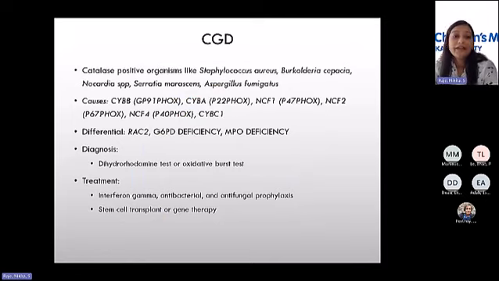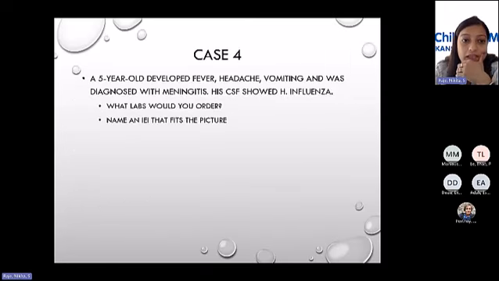They have catalase positive organism infections, and we talked about the diagnosis by dihydrorhodamine test, and treatment involves stem cell transplant or gene therapy, and then triple prophylaxis with interferon gamma, antibacterial, and antifungal prophylaxis.